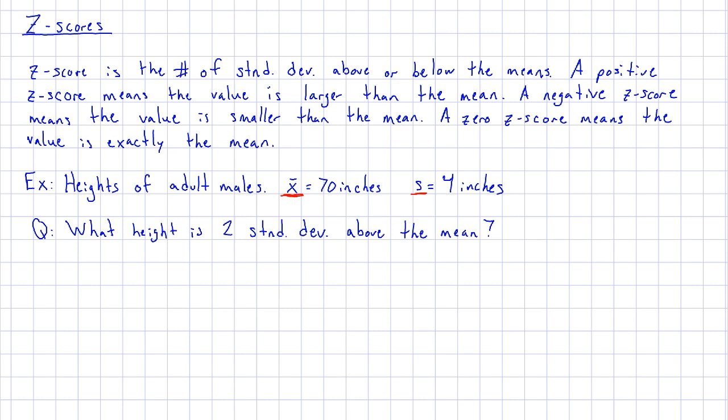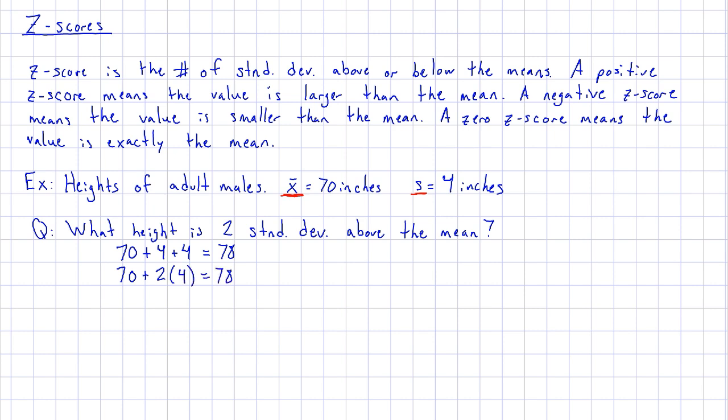So I would have 70 plus 4 plus 4. This will be 78. Now, because repeated addition can be represented as multiplication, I could also write this as 70 plus 2 times 4, which is 78.